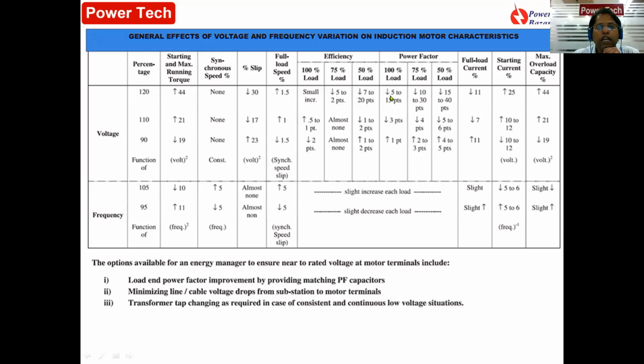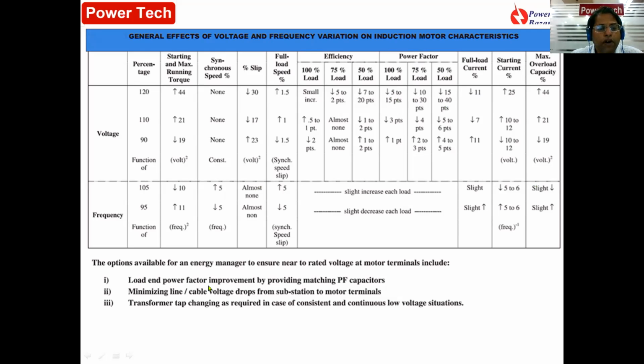Similarly, power factor goes down if you increase the voltage, but if you reduce the voltage, power factor goes up. So this, and frequency, are the variations in efficiency, power factor and slip. You may have to remember this table for answering short questions.